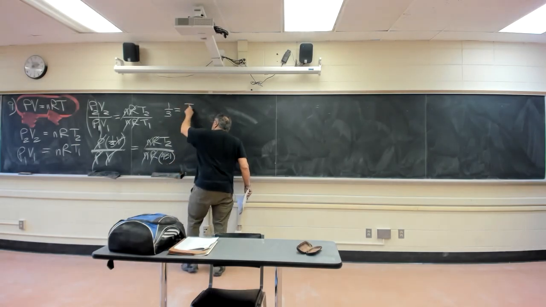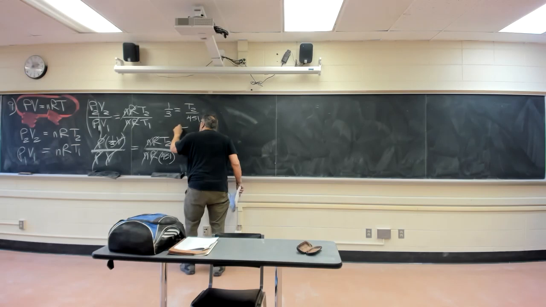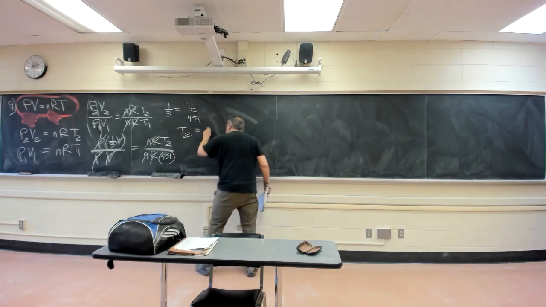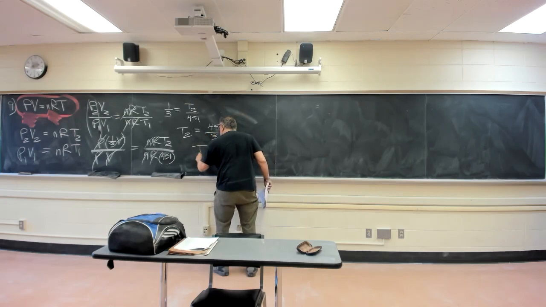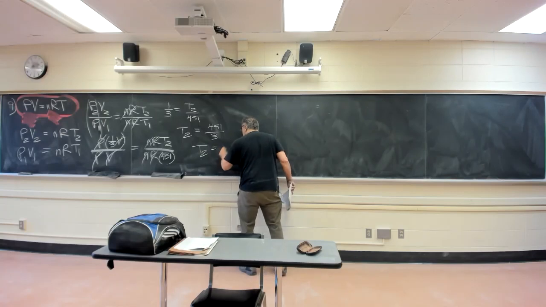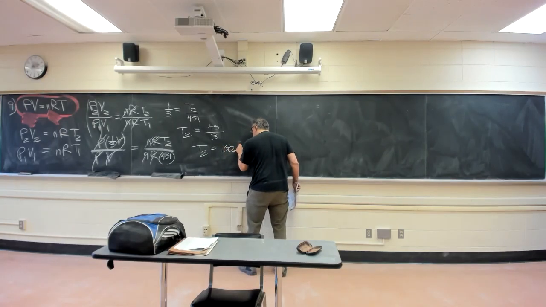You have T sub 2 over 451. Multiply by 451 on each side, and you get 150.33 Kelvin.